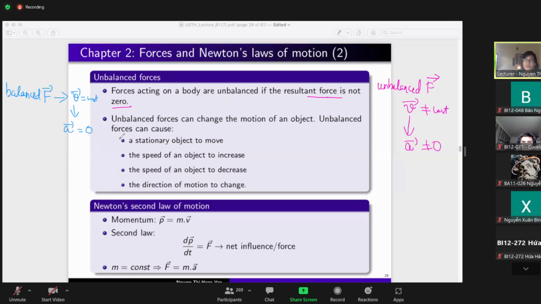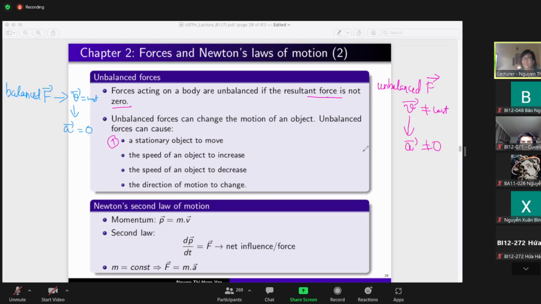There are 4 cases. First one, if we make a stationary object move. Initially it is stationary, at rest, and then it is moved.